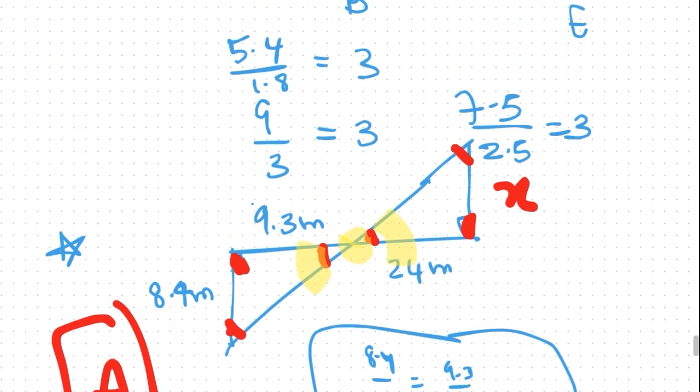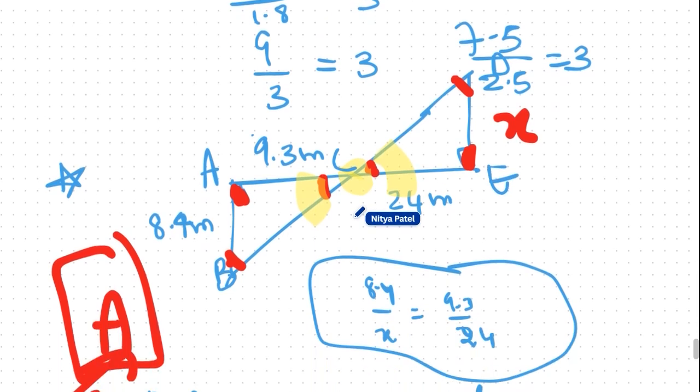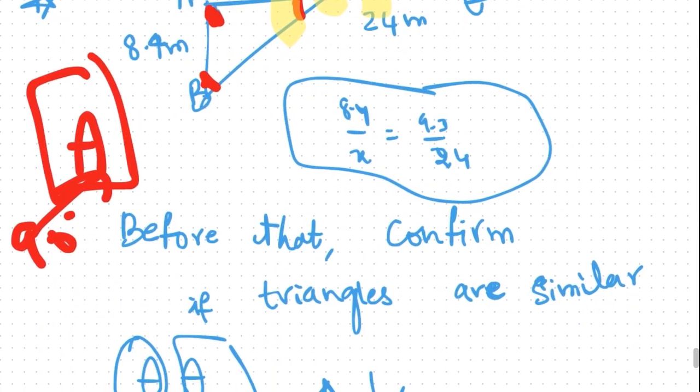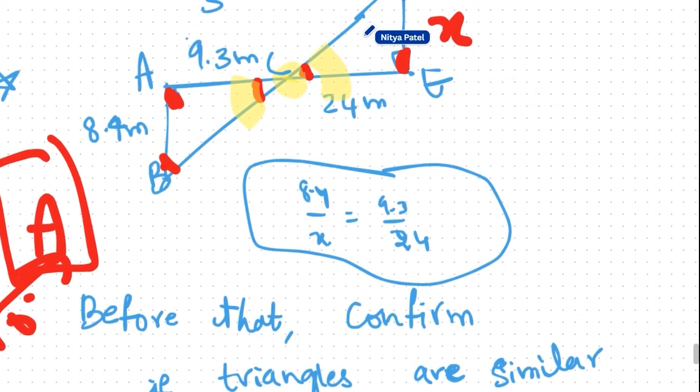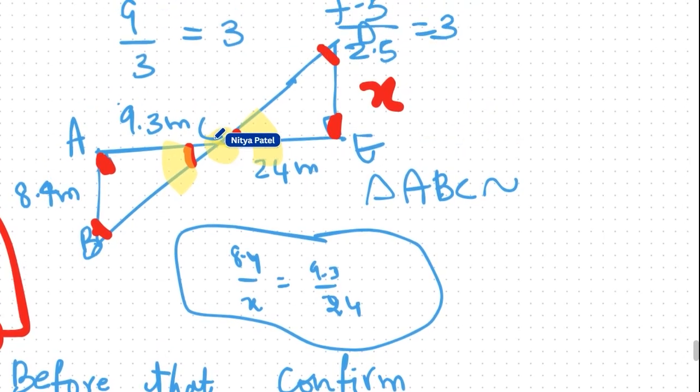So let's say this is A, B, C, D, and E. Can you write the similarity statement? Triangle ABC is similar to triangle EDC.